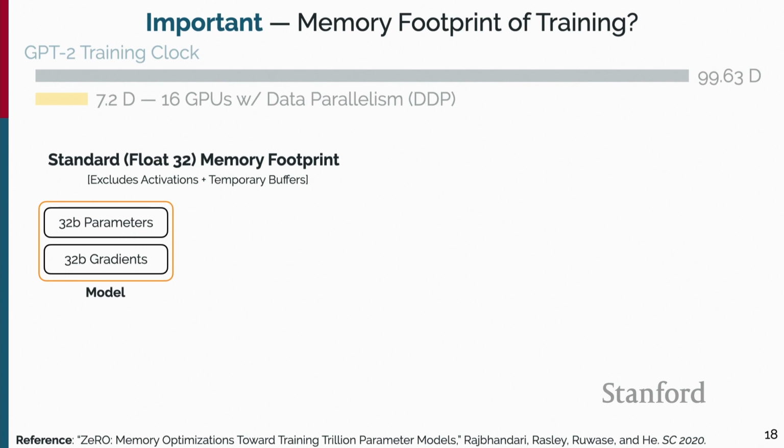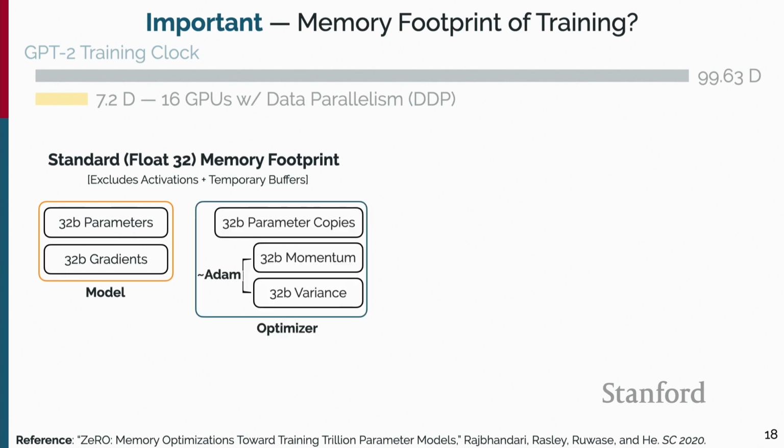That's a float. Gradients, 32 bits. And now your optimizer is also going to have its own separate copy of the parameters, kind of duplicating a little bit of work there. That's also 32 bits. And then Adam tracks momentum and variance, the first and second order of the gradients. So that's another 64 bits right there.